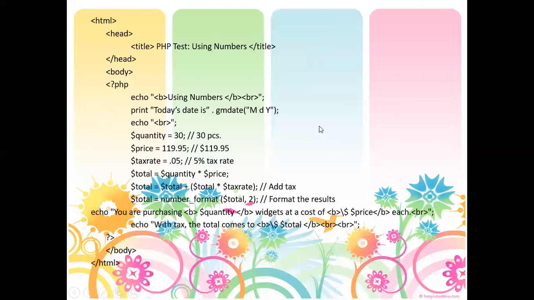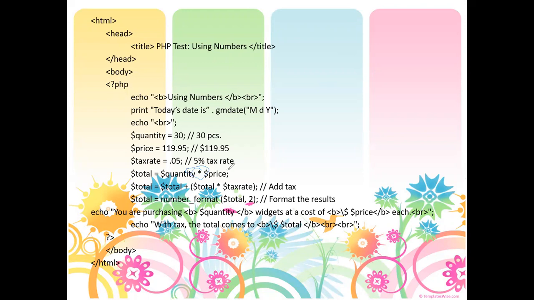So this is an example of the source code. So using numbers. So as based on the source code, I am going to be using this one, this operator.